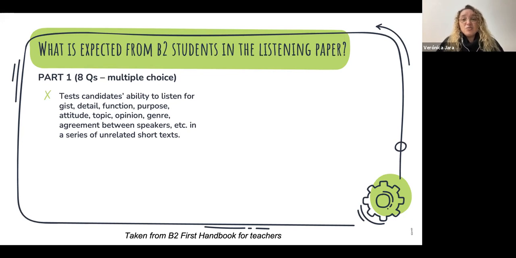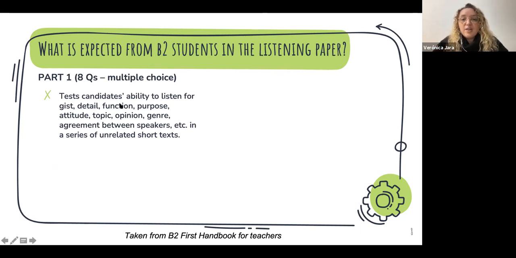Right. So what is expected from students? I know you all know this, but I thought it would be a good idea to go over this very quickly. You know that in the listening paper in B2 First or B2 First for Schools, they have part 1, 8 questions, multiple choice.